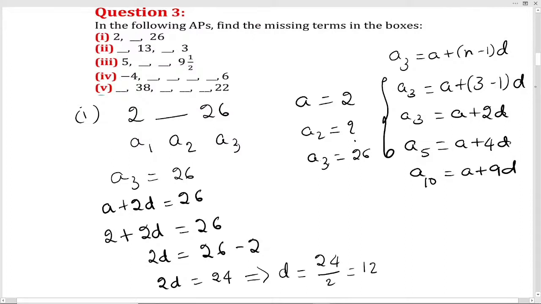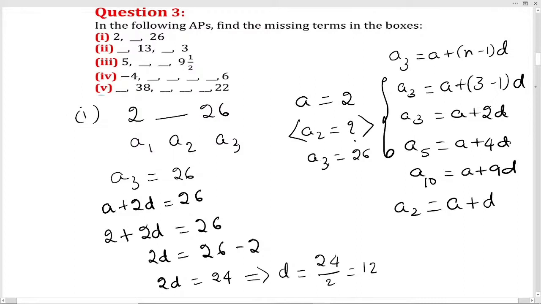Okay. Now this is the D that we need. Why are we finding the D value? Because we need the value of A2, nothing but the second term. The A second term formula is A plus 2 minus 1, which is 1. So A plus D. Here if you know the values of A and D, you'll get the A second term.